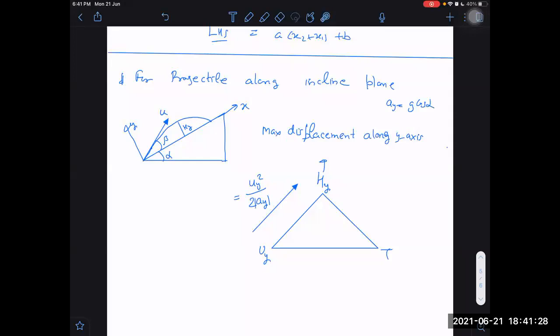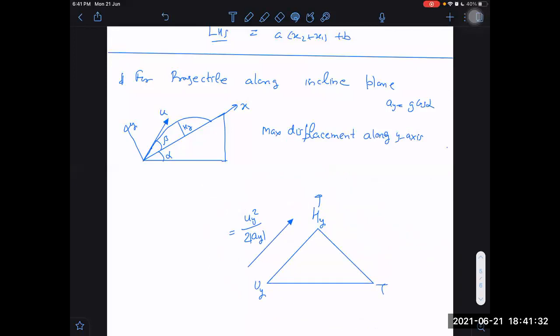Because by the condition of maxima and minima, for Sy to be maximum, dSy by dt will be equal to 0, and therefore the velocity along the y-axis will be 0.